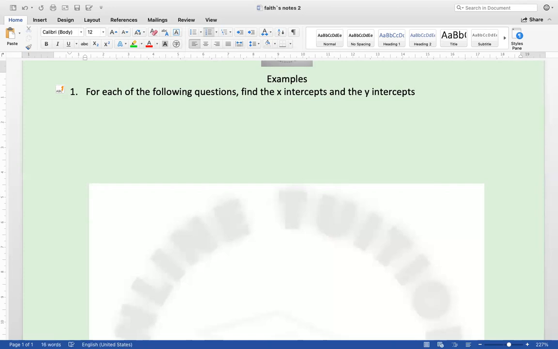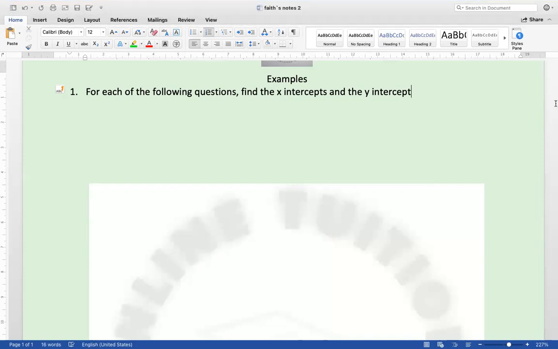So for each and every question that we have here, we must find the x-intercept as well as the y-intercept. The x-intercept may be 1, but mostly there are 2 because all these values that we have here are squared. It's only the y-intercept which is likely to be 1.